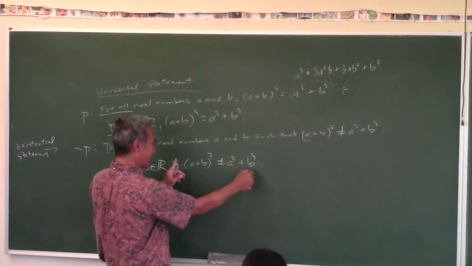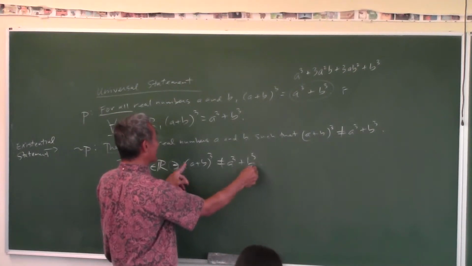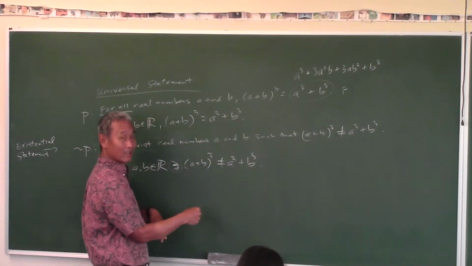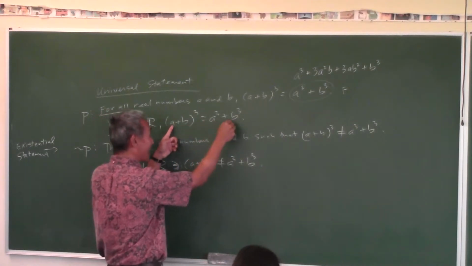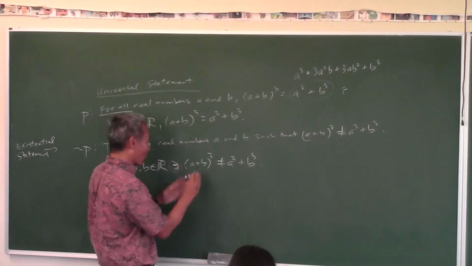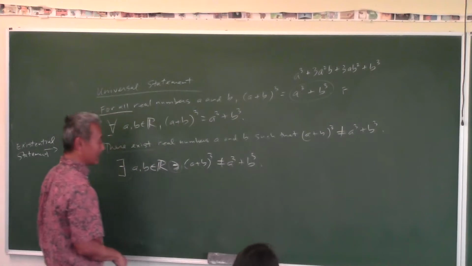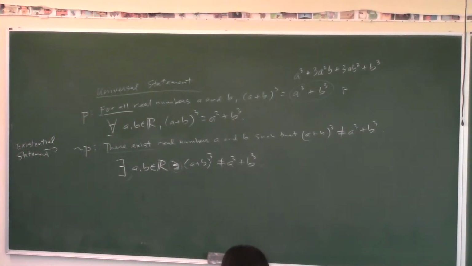Such that, and then notice that this is simply the negation of what that is, right? Like if you have gorilla equals banana, what's the negation of that? Gorilla is not equal to banana. So that's how you negate a universal statement. Now, like I told you, if you're confused, just look at the form. This is the beauty of symbolic logic.